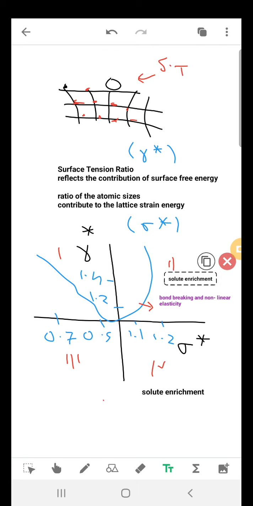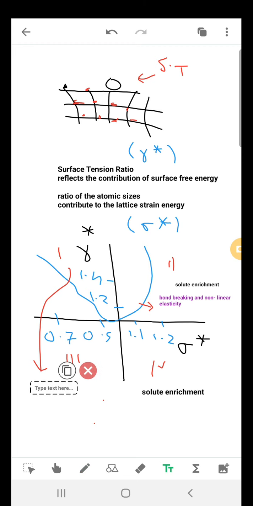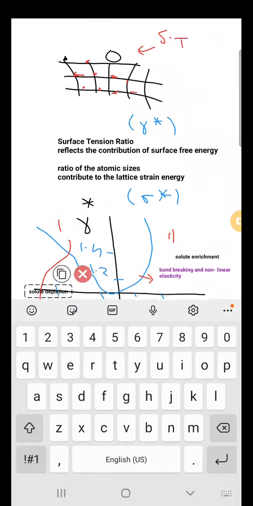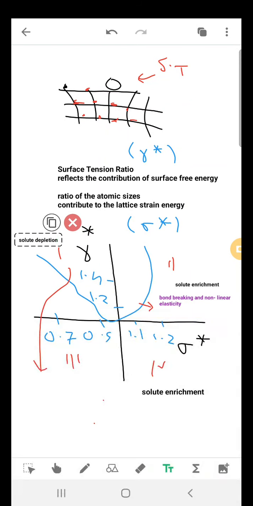This region, on the other hand, quadrant 1, is the one which represents solute depletion. Whereas this one will represent solvent enrichment.